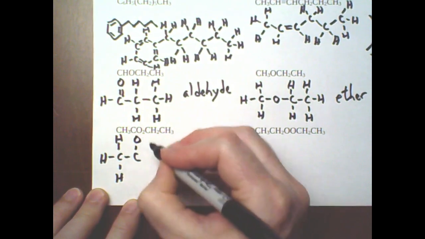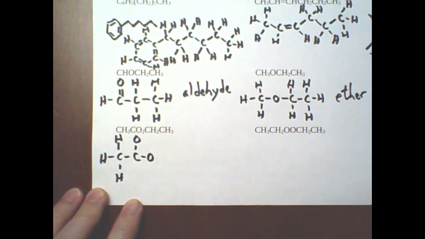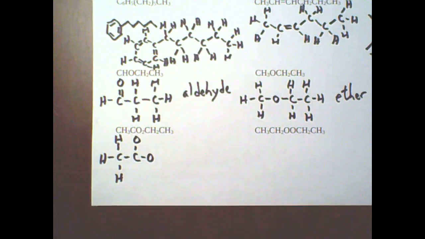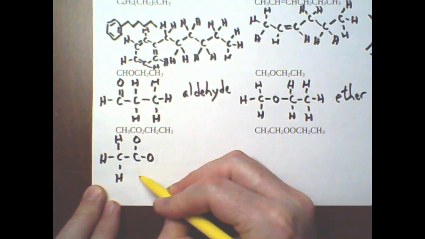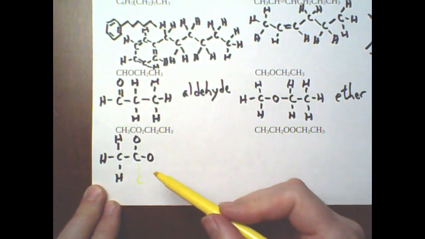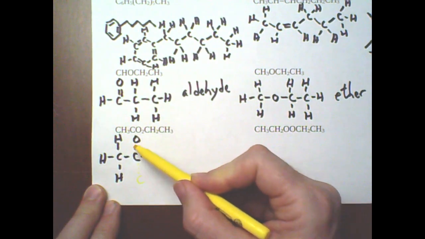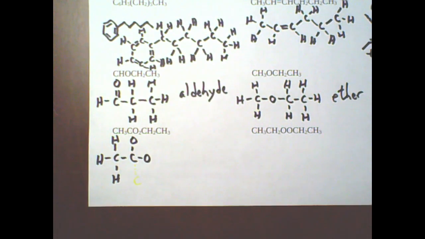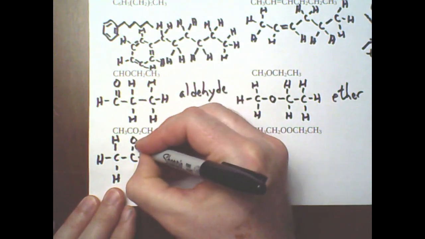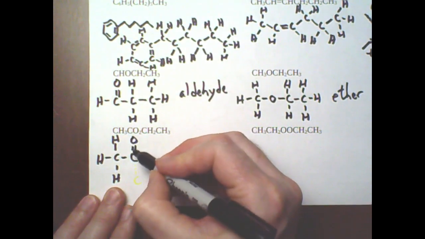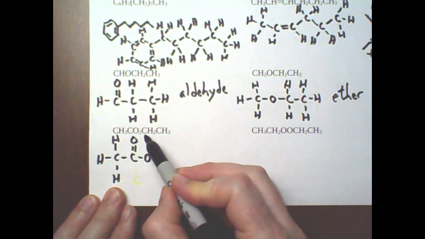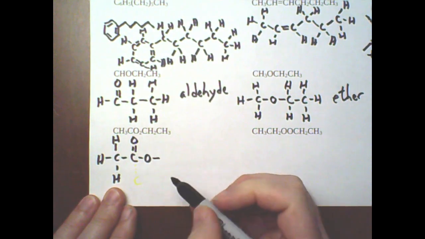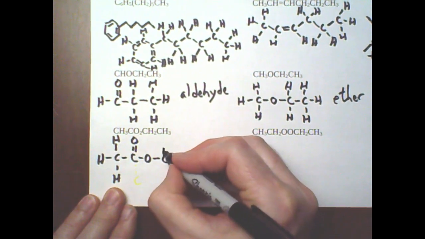So if I put an O there and an O there, that's 3 bonds. So in theory, I could consider going down to a C down here for the 4th bond, but then each of my oxygens would only have 1 bond, and we don't want that. Oxygens want 2 bonds, so we're going to give the second one to this O. This oxygen is going to get its 2nd bond by going over to this C. This C has 2 H's and a C bonded to it, so it only has room for 1 more bond.